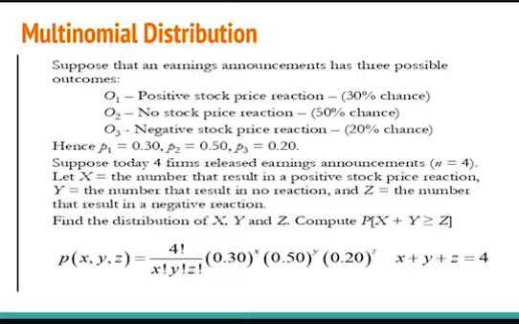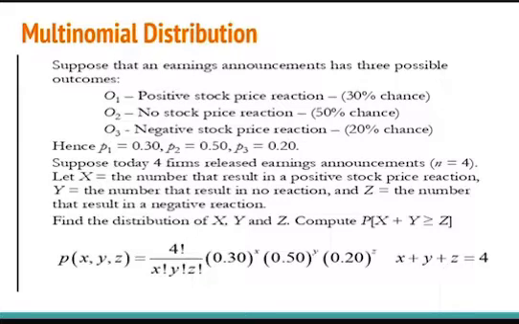Let Y represent the number that results in no reaction, and Z the number that results in a negative reaction. X, Y, Z each represent a different outcome. Now find the distribution of X, Y, and Z.